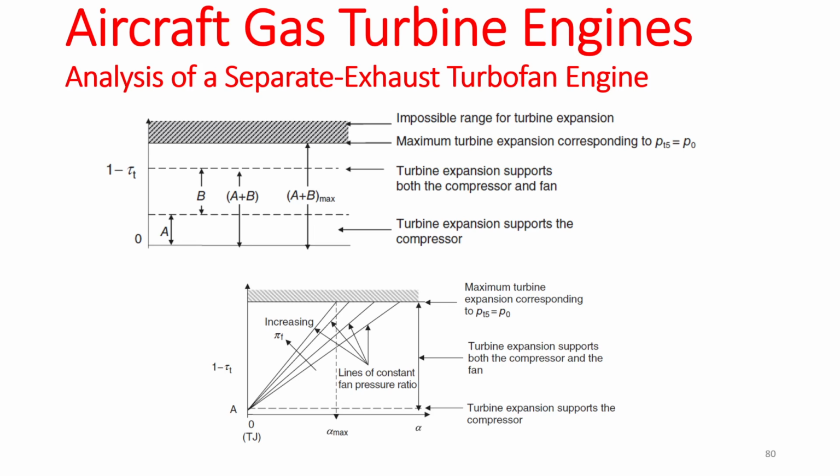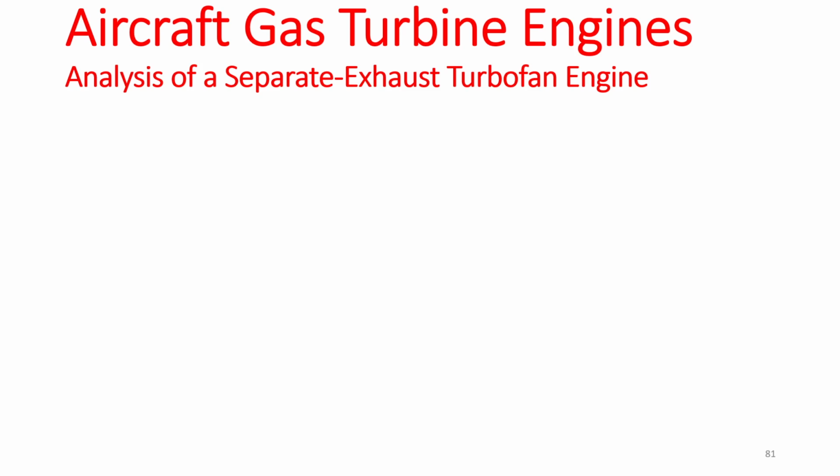Okay, so we are familiar with the turbofans at this point, and we know how to calculate the efficiency. Let's calculate the thrust. What's going to happen to your thrust? Of course you're going to have additional terms in your thrust, and this is a separate exhaust. So we will have a contribution from the velocity and a contribution from the pressure change.